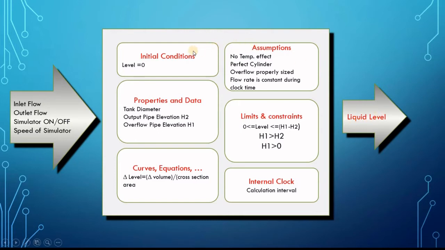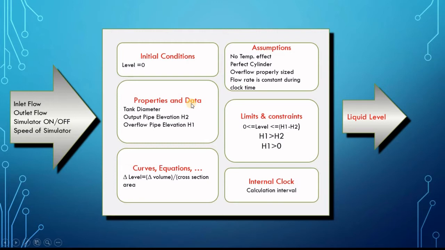Now let's look at the initial condition. I said, okay, when I start my simulator, my tank will be empty, so the level equals 0. I could make it level equals something. Now, what are the properties and the data?